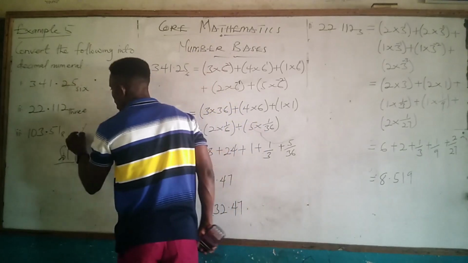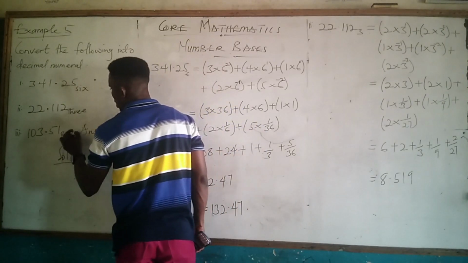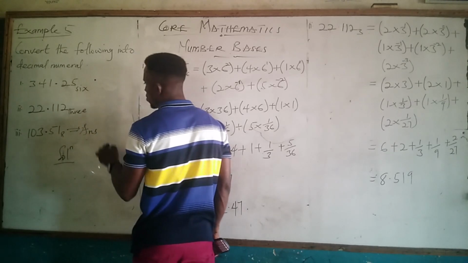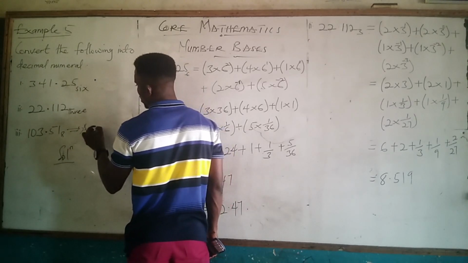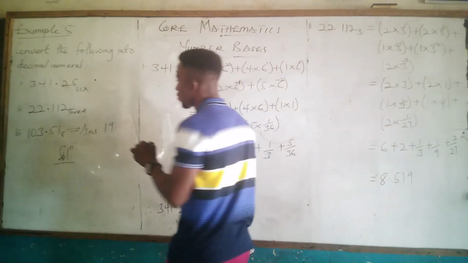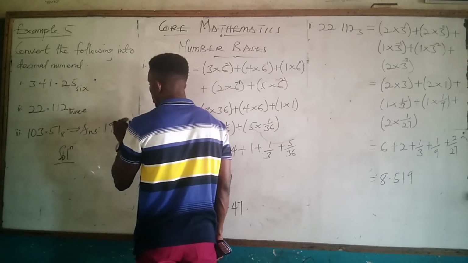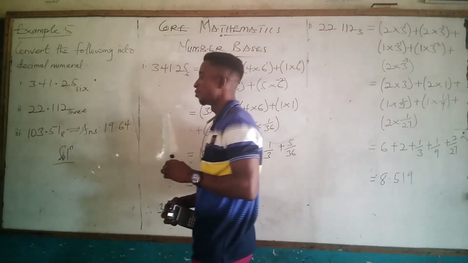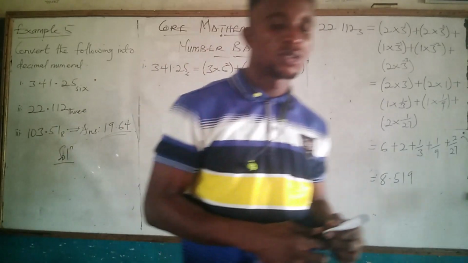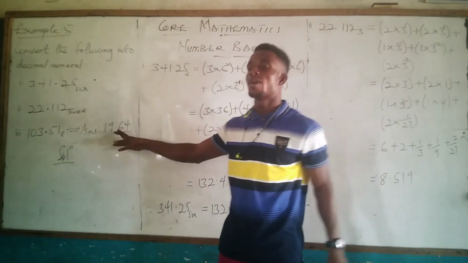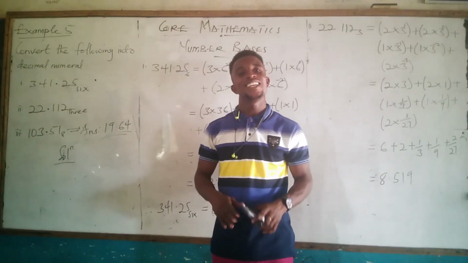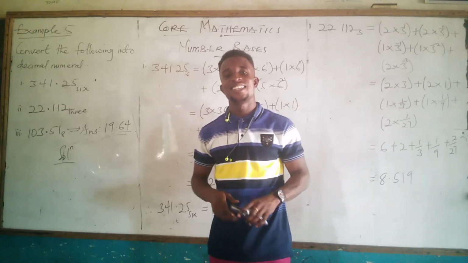The answer for this one will be 19.64 base 10. You try your hands on that. If you're able to get it, meaning you are one of the best mathematicians in the world.